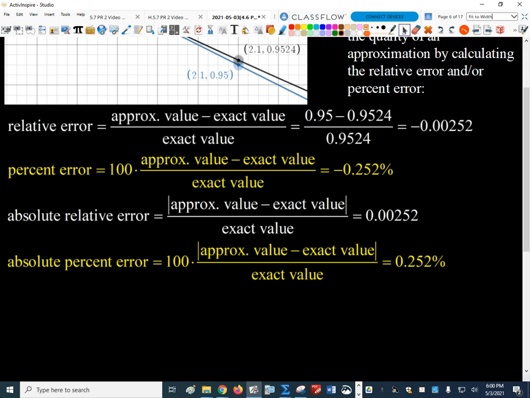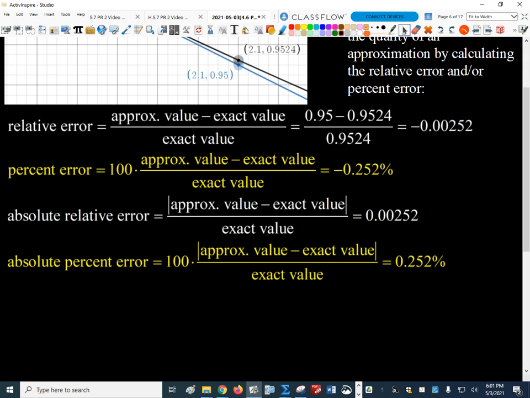So in our case, we've got 0.95 minus the exact value of 0.9524 divided by 0.9524, and the calculator tells us that's negative 0.00252. If we want to turn that into a percent, we just multiply by 100, so we move the decimal 2 places, and we get negative 0.252%.